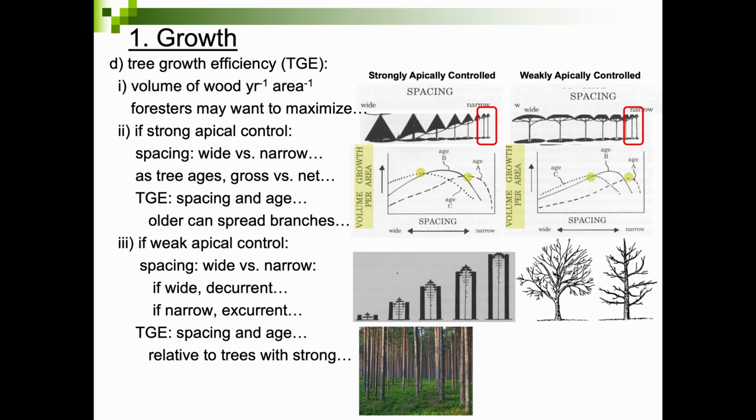Now, this efficiency goes down with weakly apically controlled trees when they are narrowly spaced as these stands mature because you get competition, you get less soil resources, less light, and eventually, even though these branches of these weakly apically controlled trees have a lot of metabolic demands, they reach an age where they spread enough so that they can actually take in a lot of sunlight and photosynthesize.